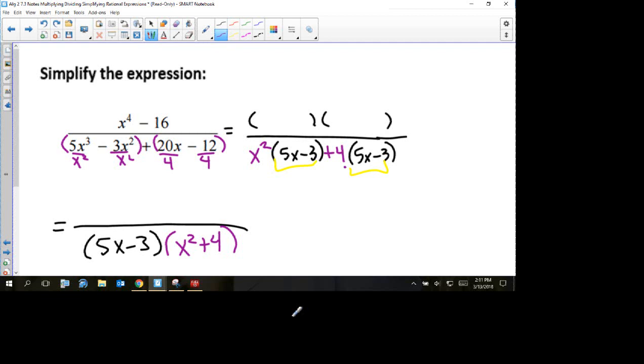All right, where were we? Oh, we have the bottom factored. So now we're going to go back to the top. We're going to factor the top. David, I started it for you. Just guess and check.